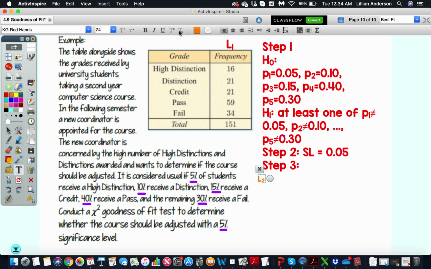We talked about finding expected values back in normal distribution. Expected values were found by taking the number and multiplying it by the probability.